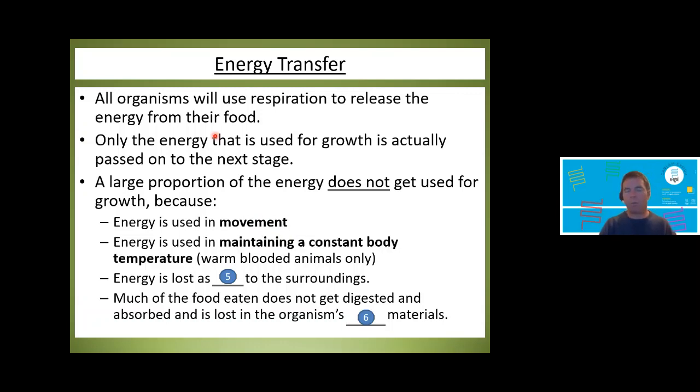You can say keeping warm if you like, but it's not as good as saying maintaining a constant body temperature, 37 degrees C in humans. Energy is lost as heat to the surroundings, or much of the food eaten does not get digested and absorbed and is lost in the organism's waste materials. Okay, largely we're talking about feces there.